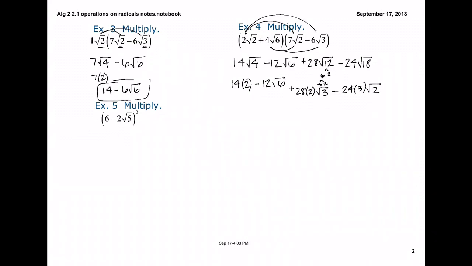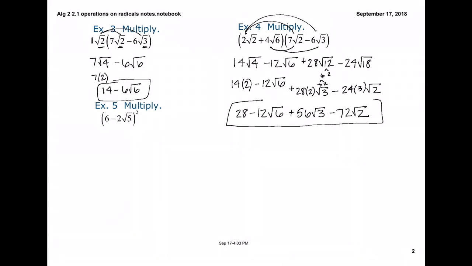We're left with a 2 underneath our radical. 14 times 2 is 28, minus 12 roots of 6. 28 times 2 is positive 56 roots of 3, minus 72 roots of 2. None of these are like radicals, so we are finished.